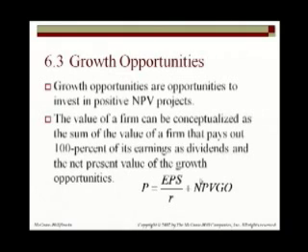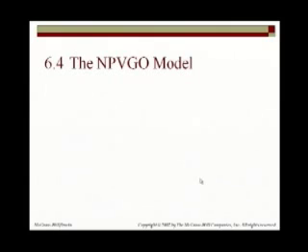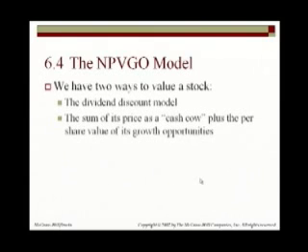It would pay out all of its earnings as dividends, and so the price of the stock would be the earnings divided by R. The dividend would be EPS divided by R. And then to that, we add the net present value of all future growth opportunities. So let's take a look. We now have two ways to value a stock: the dividend discount model and the sum of the price of the firm as a cash cow plus its per share growth opportunities.